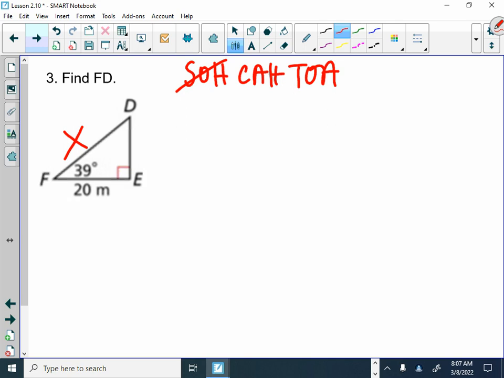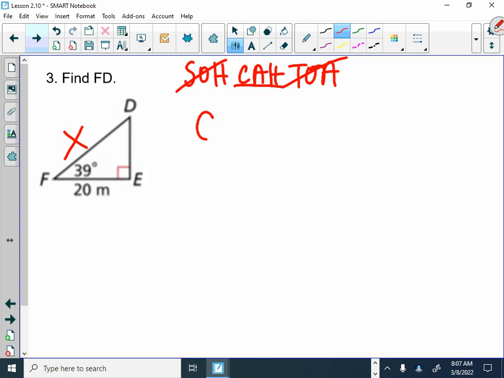X. Opposite, or hypotenuse? Hypotenuse. So which one am I going to use? Cosine or tangent? Cosine, because I don't have opposite. I've got adjacent and a hypotenuse, so I'm going to use cosine.